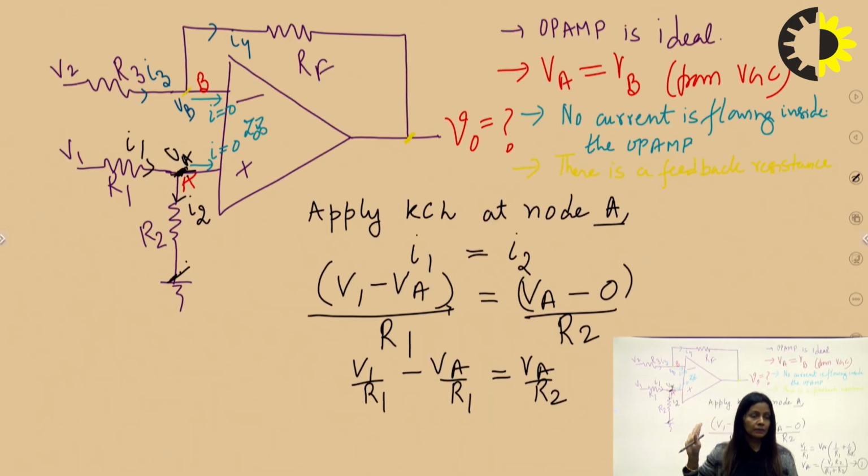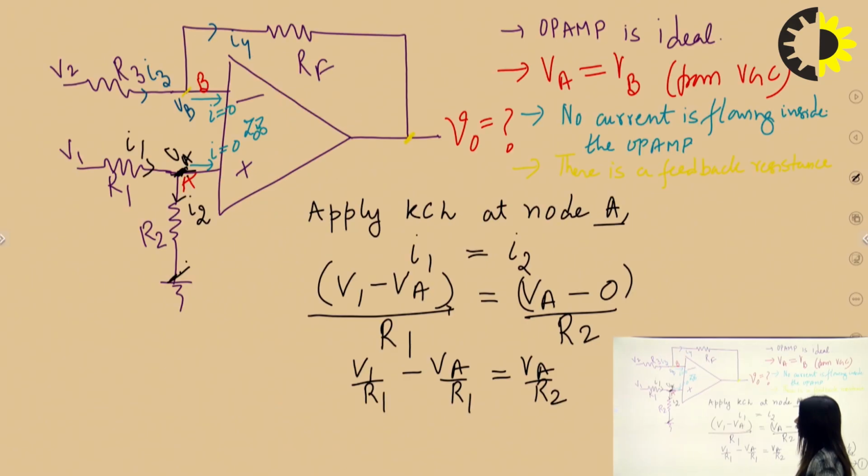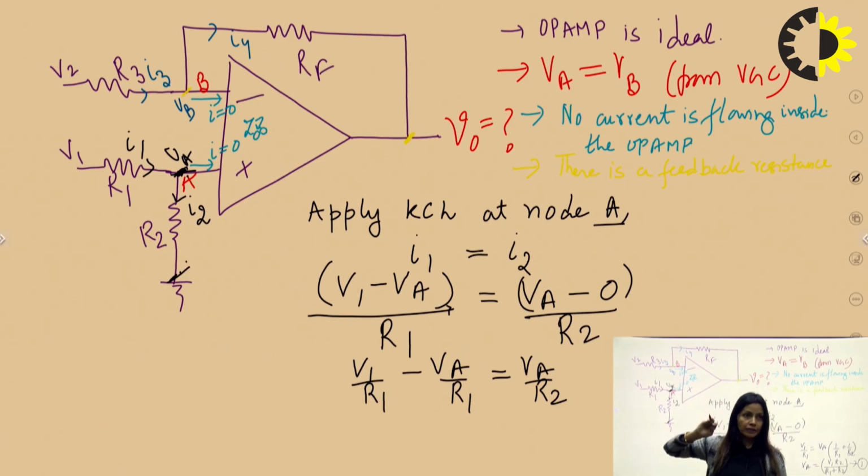That's it I am doing. And then I4 is VB minus VO upon RF.